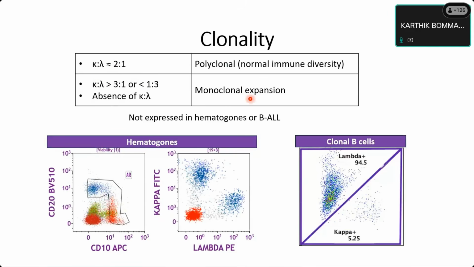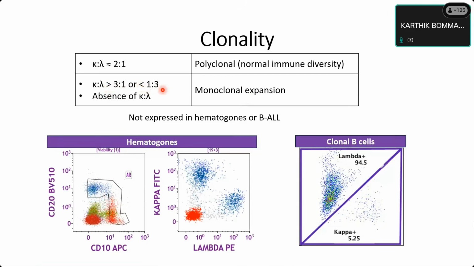But monoclonal is when the ratio is skewed, either more than 3:1, meaning more than 3 times as many kappa positive cells as lambda positive cells, or less than 1:3, meaning more than 3 times as many lambda positive cells. Then we call it monoclonal expression. So kappa lambda ratio 3:1 means more kappa cells, and 1:3 means more lambda cells.